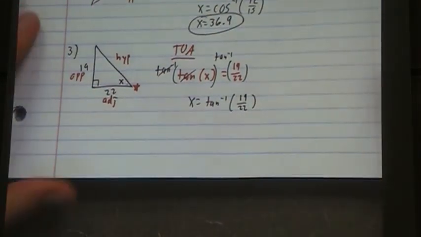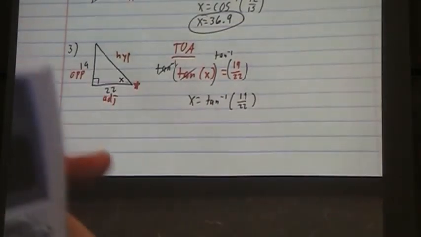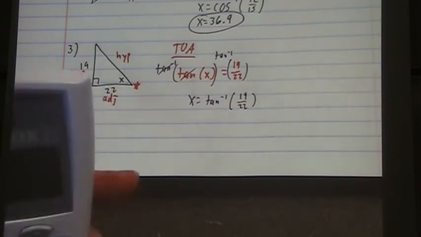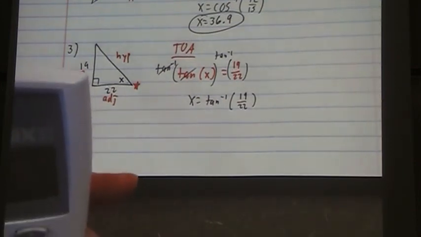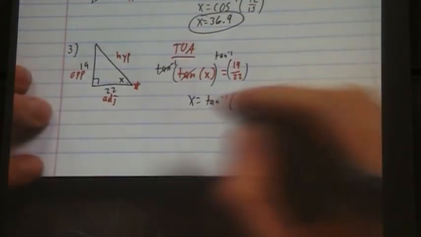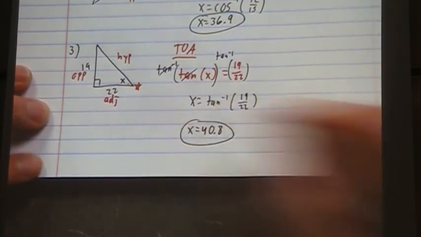And from here, put that in my calculator. Inverse tan of 19 divided by 22. Boom. I'm getting 40.8. Bop, and I'm done. That's it.